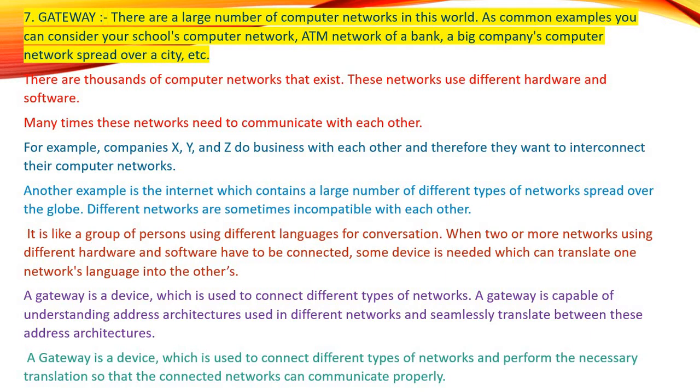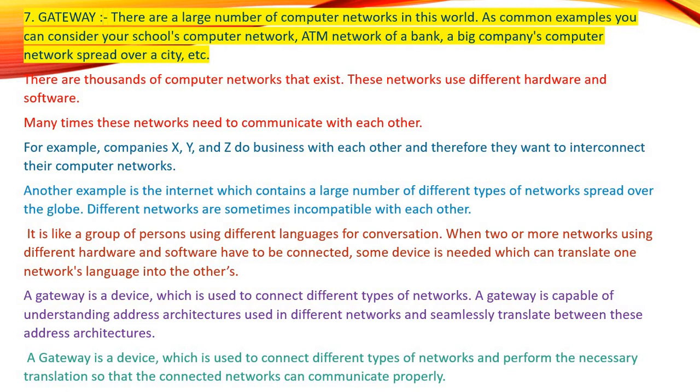After that, the gateway. There is a large number of computer networks in the world. As common examples, you can consider your college computer network, the ATM network of a bank, or a big company's network spread over cities. These are all called gateways. There are thousands of computers connected to each other, using different kinds of hardware as well as software.